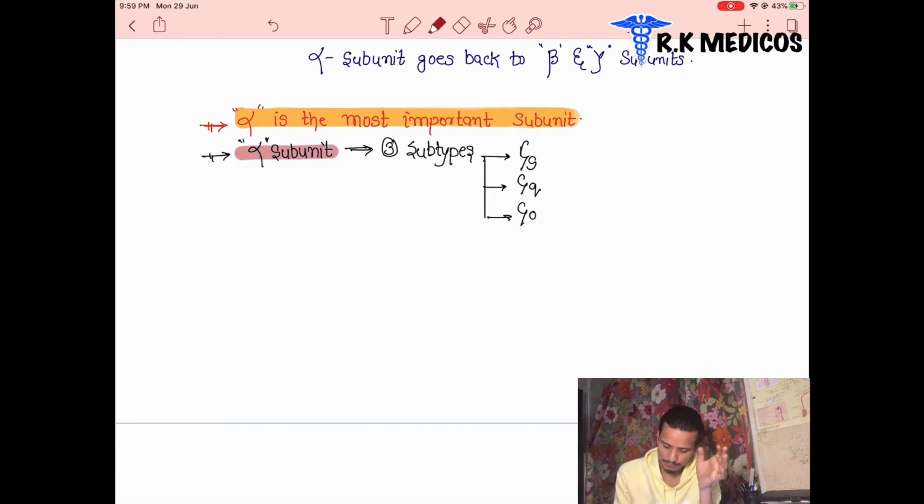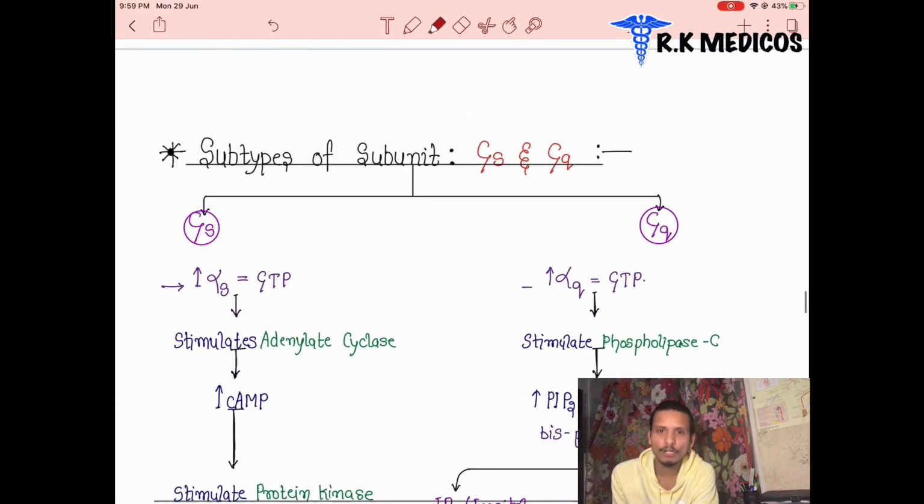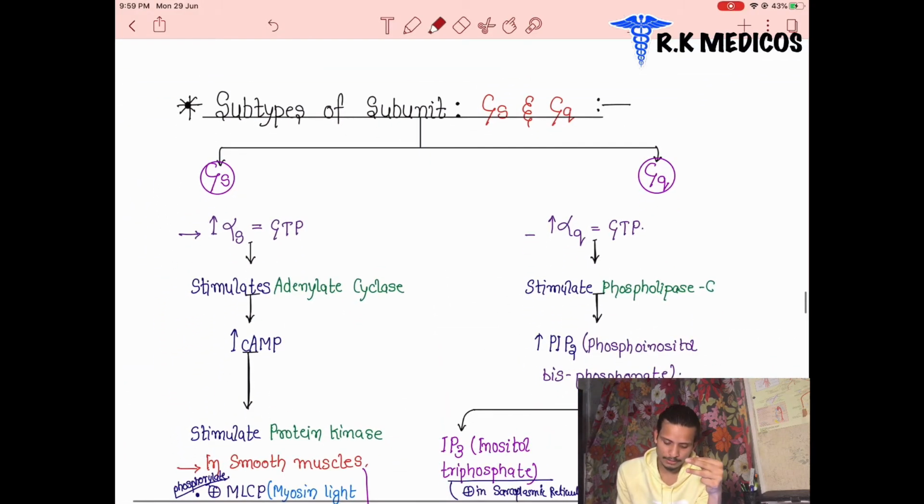Now next point, we can see the alpha subunit is most important, and the alpha subunit has 3 subtypes: GS, stimulatory, GQ, quiescent, and G naught. These are the 3 types of alpha subunits present, GS, GQ and G naught. What do GQ and GS mean? GS means G stimulatory.